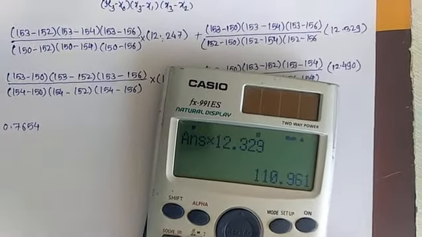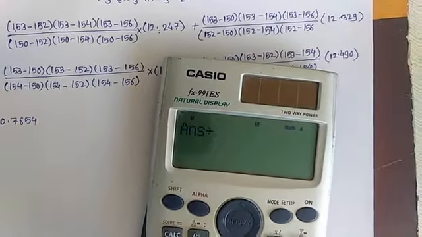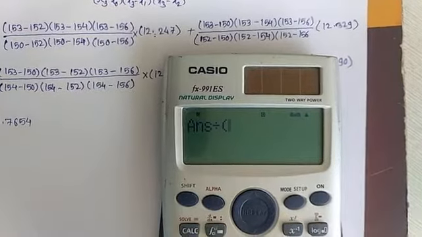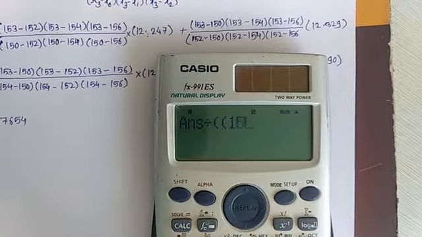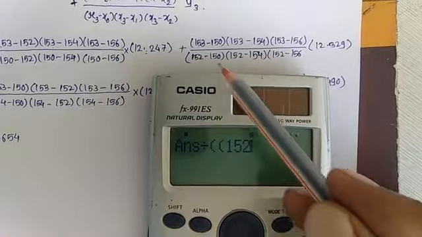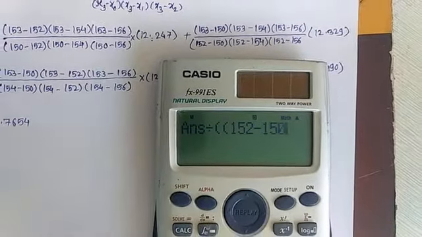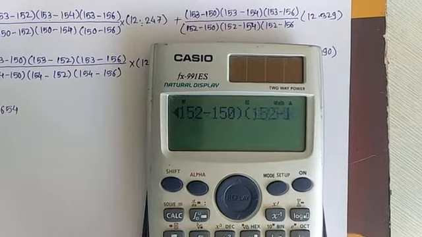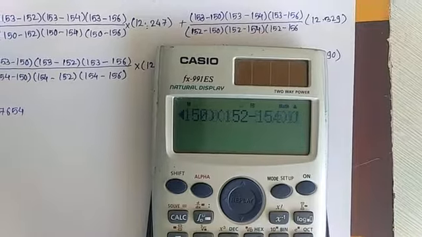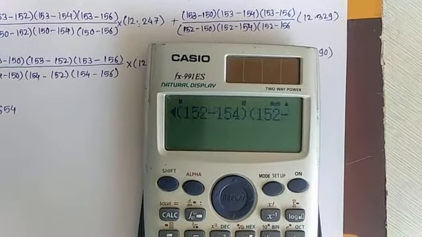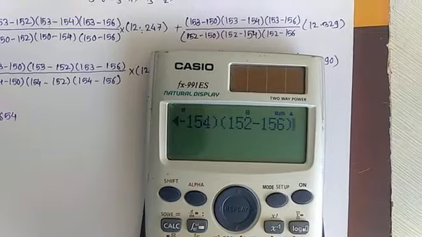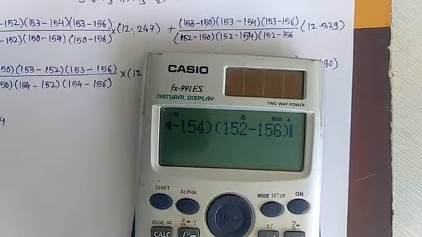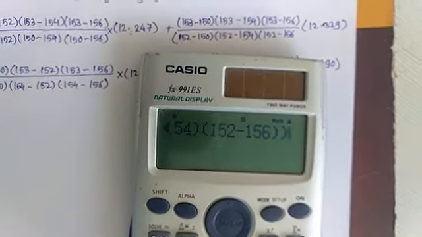This is our numerator, and we divide it by the denominator. First take a single bracket, and next 152 with another bracket: 152 minus 150, 152 minus 154, 152 minus 156, and complete the bracket.